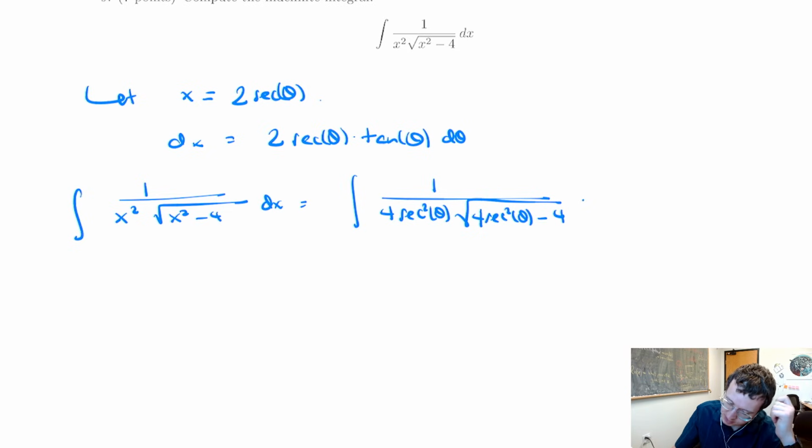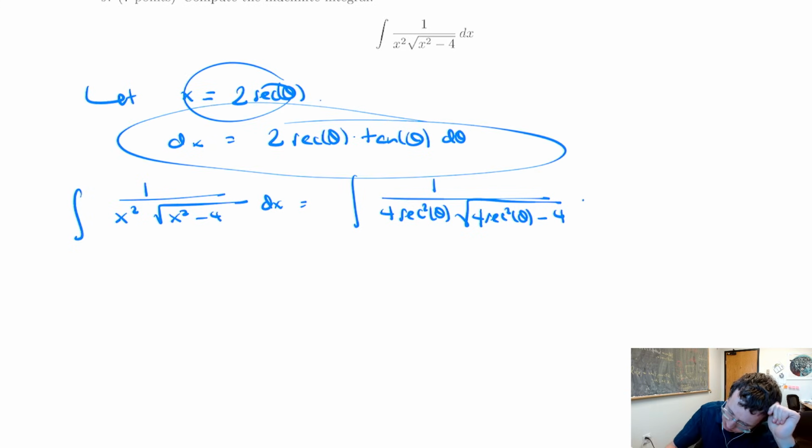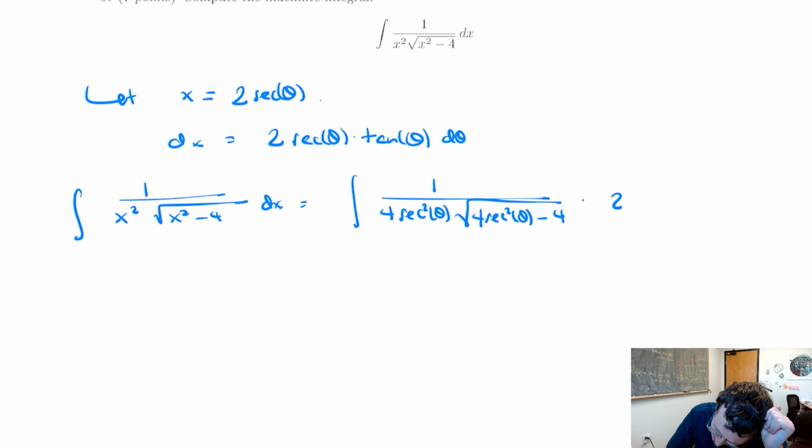And a common mistake that I see here, or that I saw the last time I taught Calc 2, was not actually substituting the dx correctly. Like, I would just see the dx turn into a d theta. You actually have to differentiate to figure out how to substitute the dx. In this case, we get 2 secant theta tangent theta d theta.